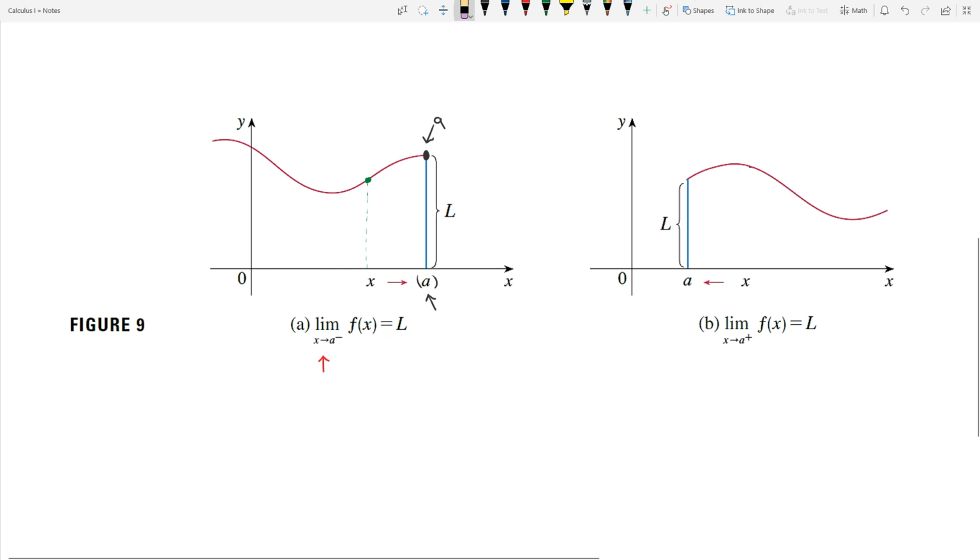Of course, they have the general notation set up for you so you can see that. They've done the same thing in the illustration on the right. If we call that point on the graph x, we can see that x is approaching a from the right side. And here we can see that general notation.